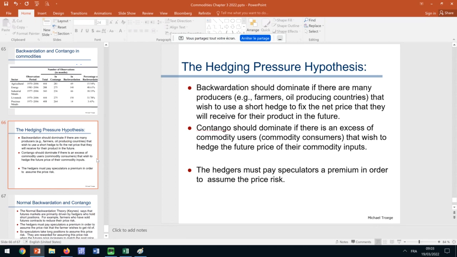Now, of course, that hedging pressure can also come from the buyers of the commodity, but that's actually quite rare, though theoretically possible. So if we have a situation where we have one big or several big iron mines or copper mines, let's say copper mines, but then you have lots of very small producers that have to absolutely lock in a copper price.